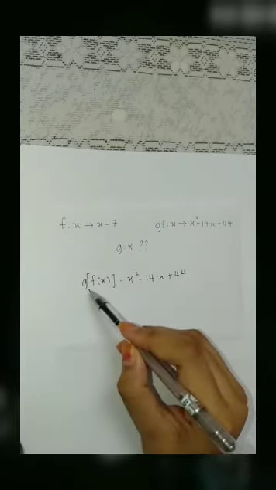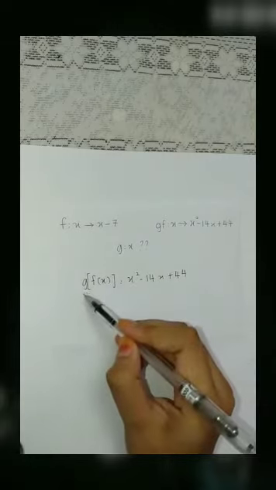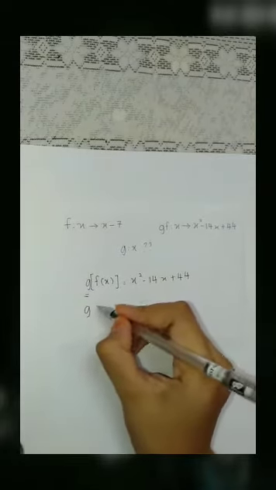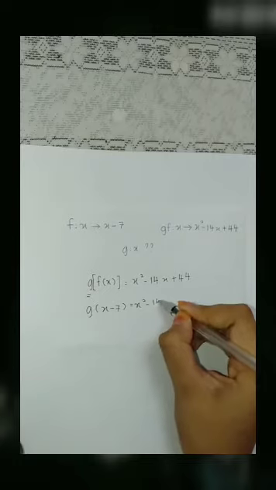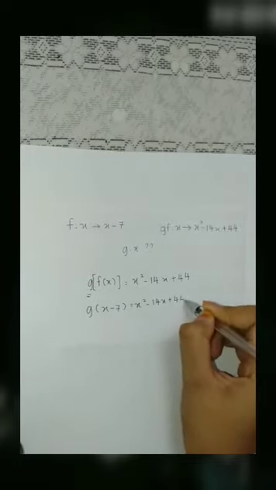For this situation, the function that we're going to find is situated outside. So write this first: g(x minus 7) equals x squared minus 14x plus 44.